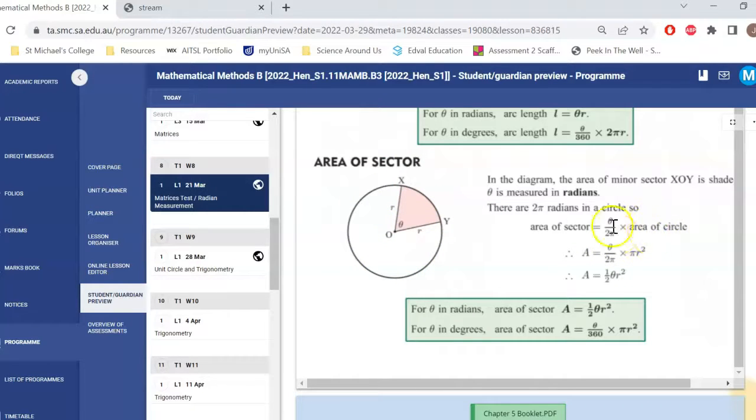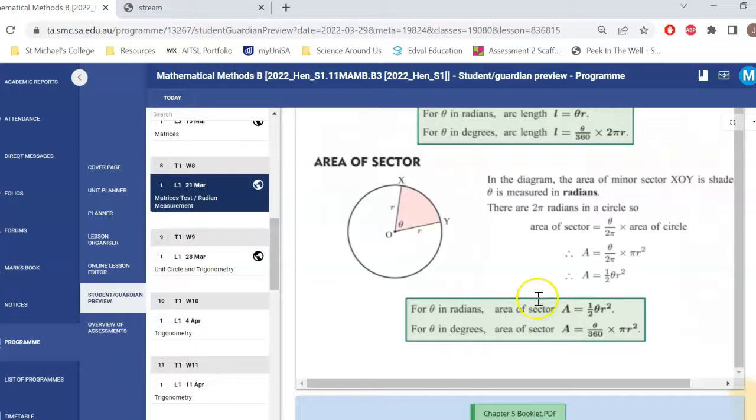So if I'm looking for some proportion, I have to consider how many radians I have over the full circumference of the circle, times the area of the circle, because that will give me the proportion of the circle that I'm looking for. So when I'm trying to find the area of a sector in radians, it would be theta over 2 pi, because there's 2 pi radians in a full circle, times the area of the circle. We know that the area of a circle is pi r squared. So you can see here that that pi and that pi would cancel, so we're left with half theta r squared.